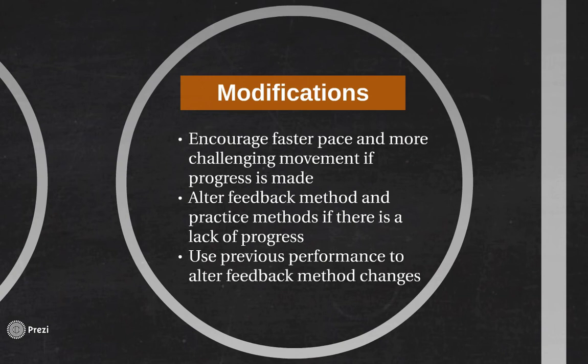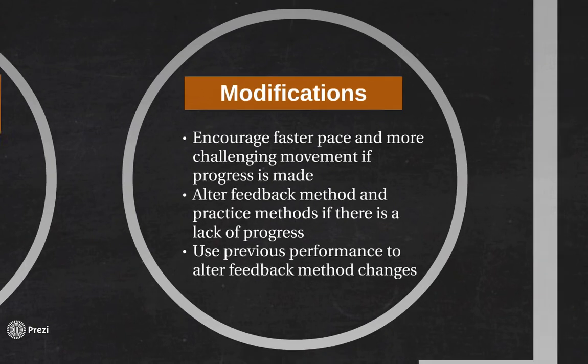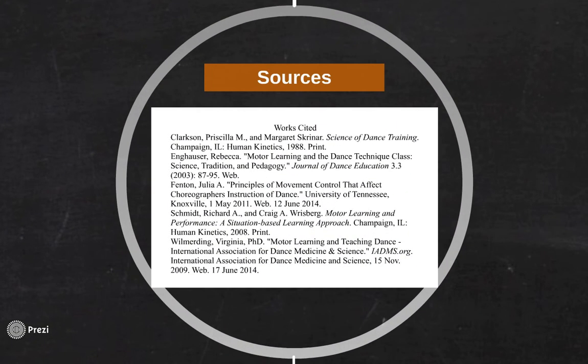And then we talked about the modifications: encourage a faster paced and more challenging movement if we're making a lot of progress, alter the feedback method and the practice methods if there is a lack of progress, and then use previous performance to alter feedback methods for changes. So that's just a brief overview of everything that we talked about.